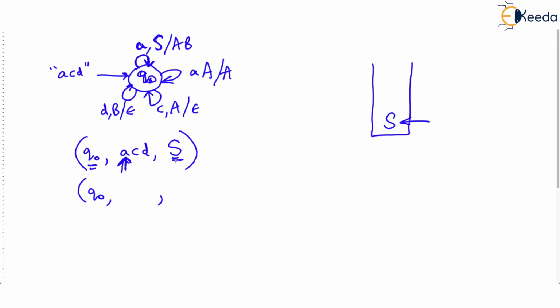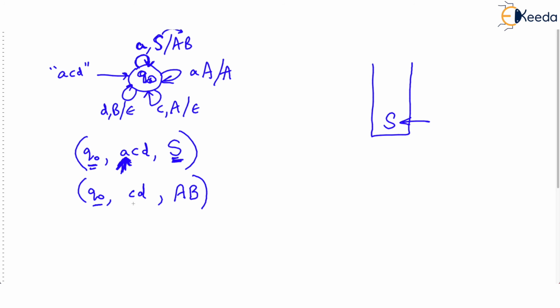But what will happen to this S? This S will be replaced by AB. Check it out. I hope you are understanding. S has been totally replaced by AB. That's how we read in this form of PDA. And the input remaining is cd now, because this a has already been consumed from the input.